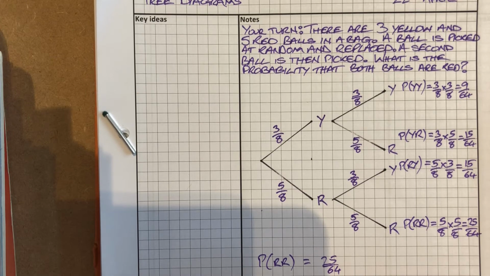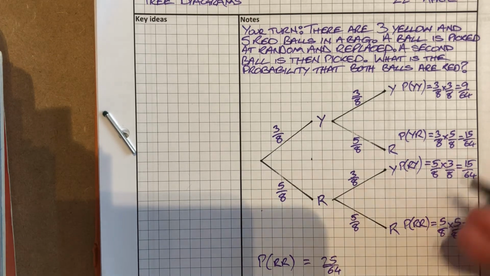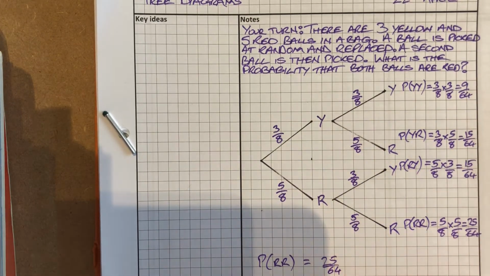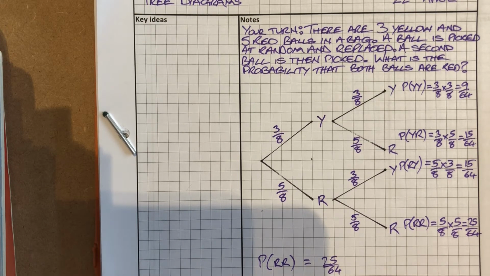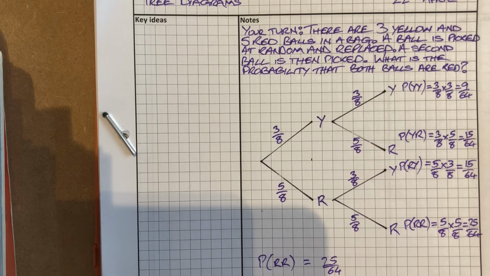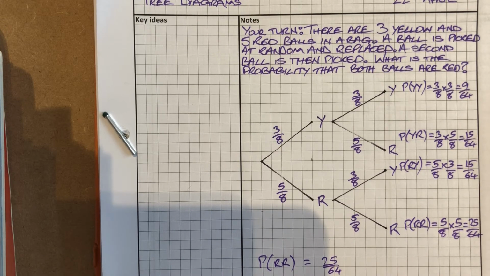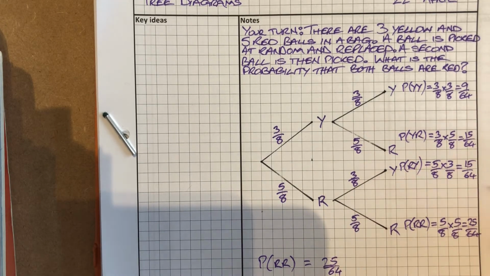What's the probability that they are the same? So that's 2 yellows or 2 reds. That's going to be this here, 9/64. Add this here, 25/64. That gives me 34/64. What's the probability that they are different? Well, that brings me to here or here.